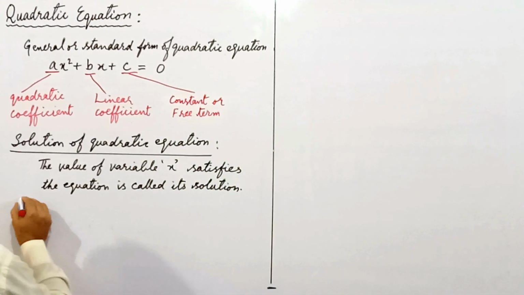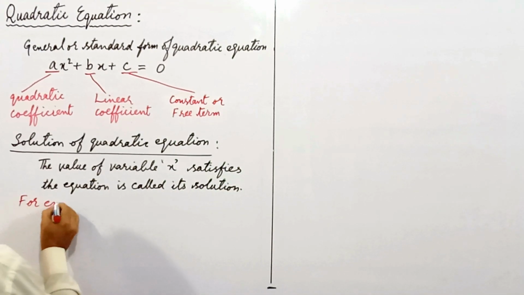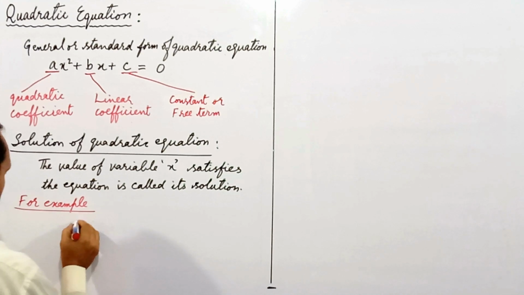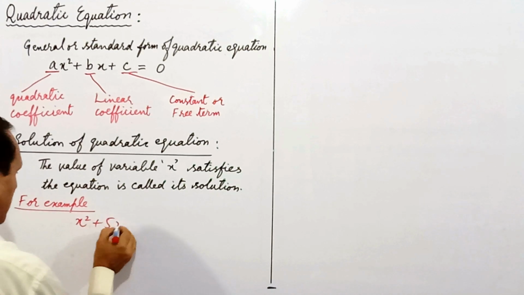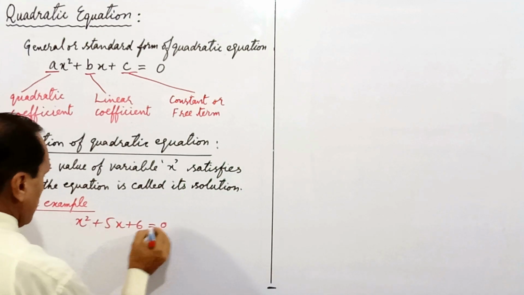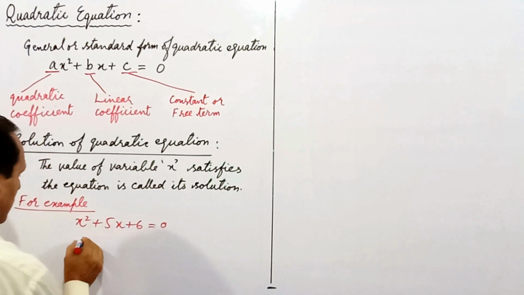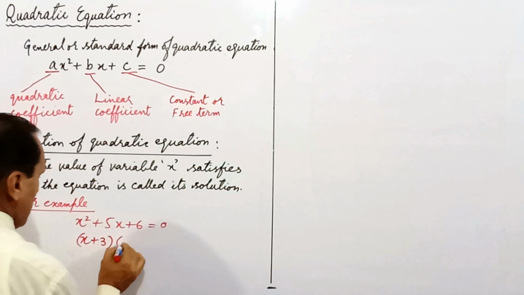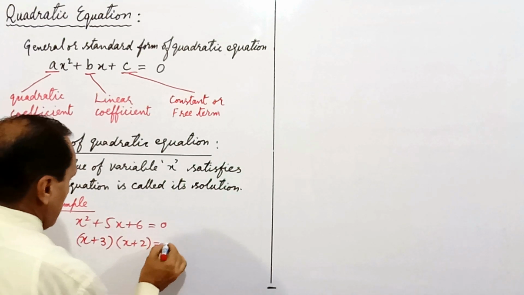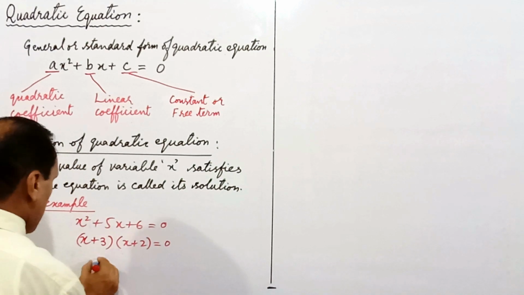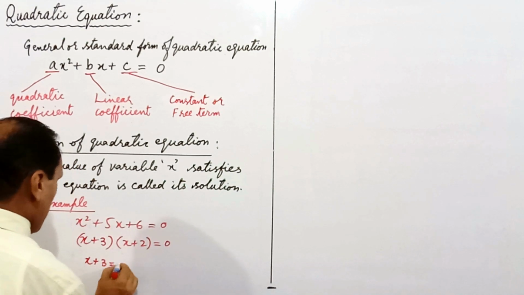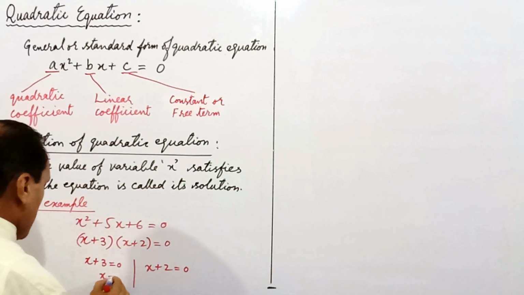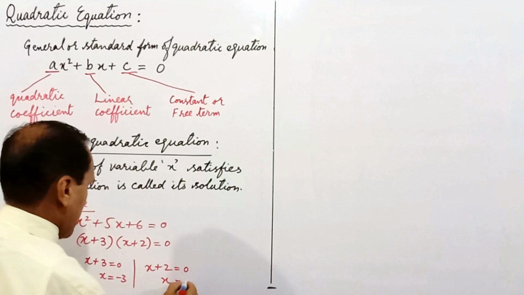For example, x square plus 5x plus 6 is equal to 0. By factorization, we get its factors (x plus 3)(x plus 2) is equal to 0. It means x plus 3 is equal to 0 and x plus 2 is equal to 0. Hence, x is equal to minus 3, x is equal to minus 2.